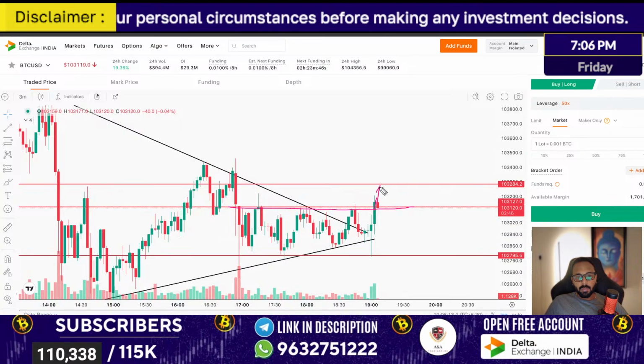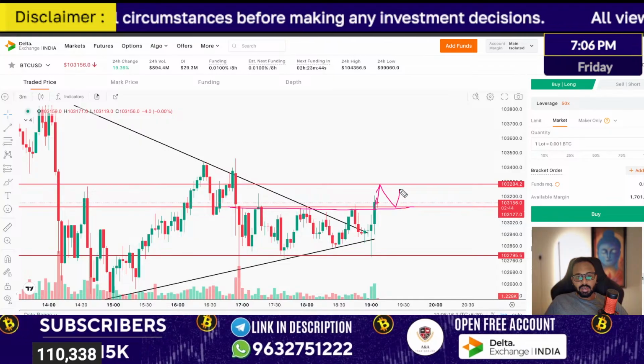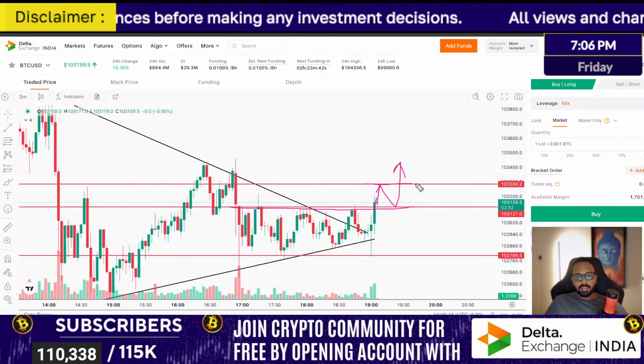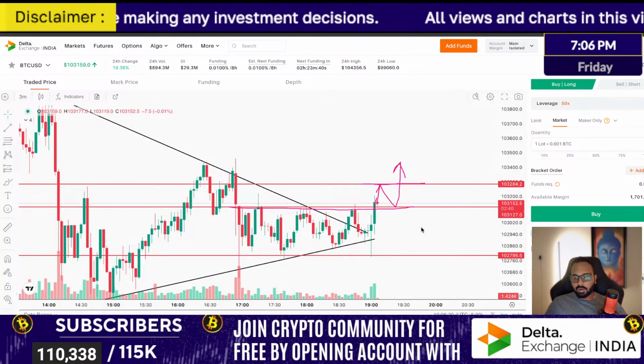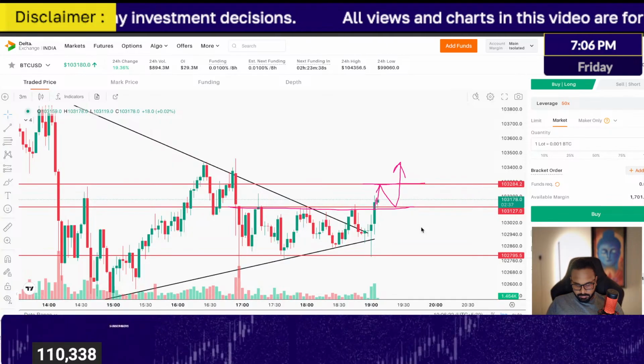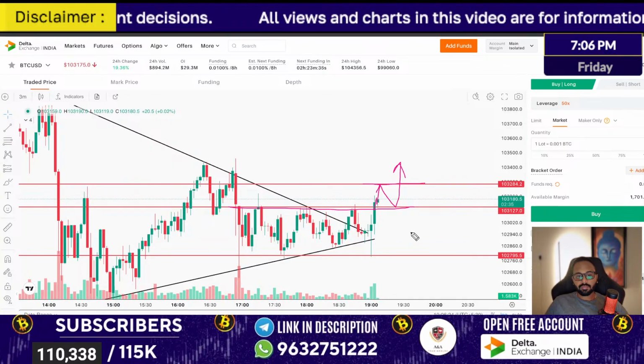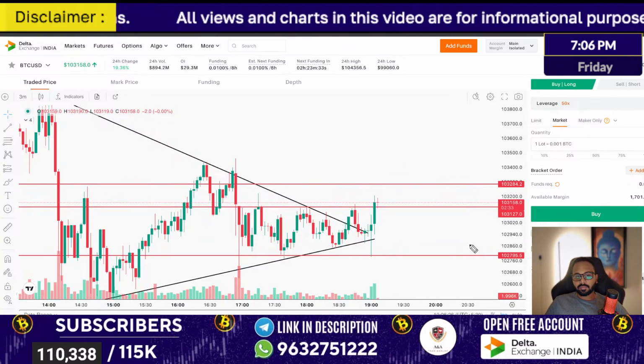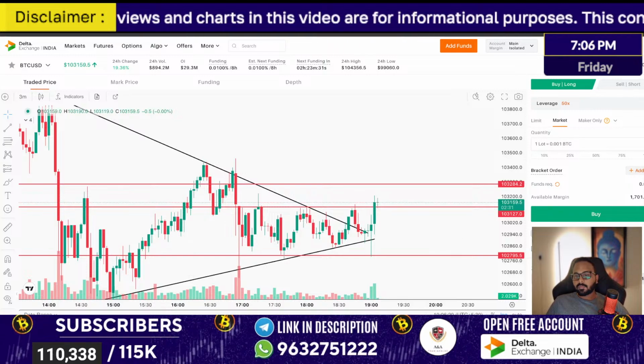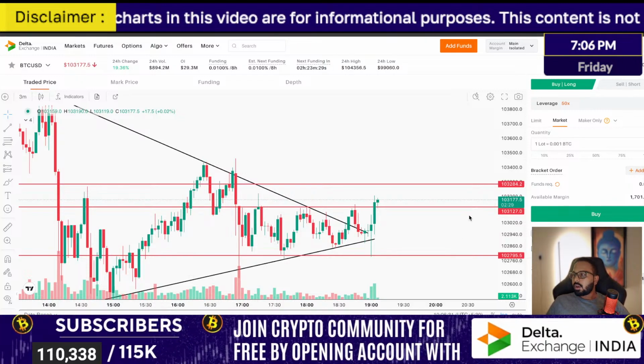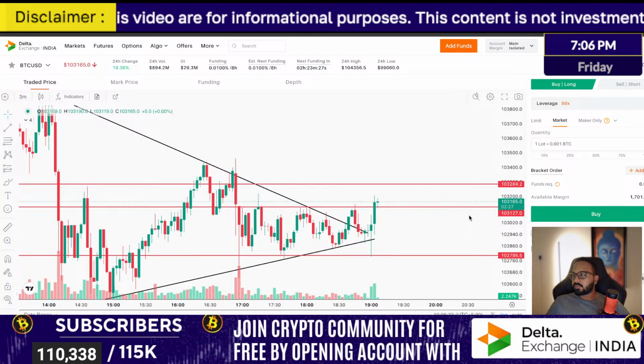Let's say it moved up, showed some correction, later it is showing bullishness, then I'll be looking for a bullish trade, or else not interested. Around 44% people are bullish.